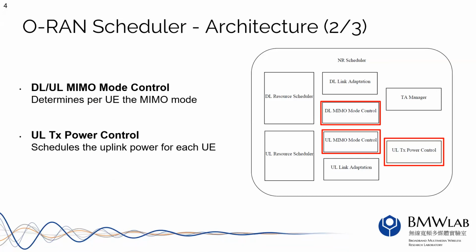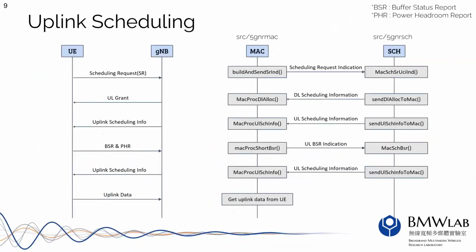Okay. So another question is about page 9. If you want to send something to gNB, they need to use uplink scheduling, right? Yes. But how does the UE transmit the scheduling request?